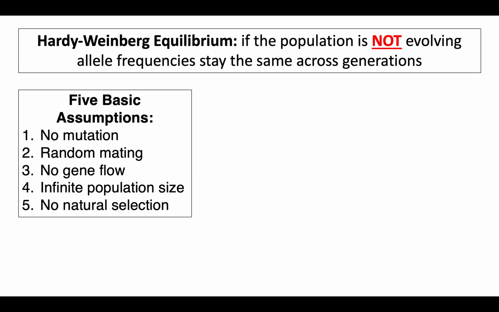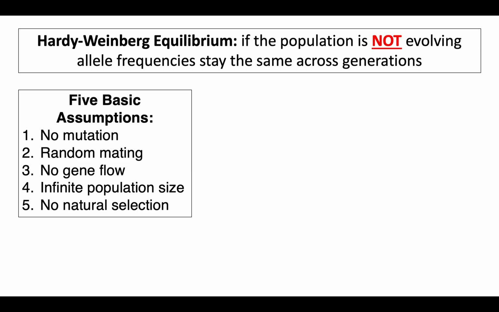Hardy-Weinberg Equilibrium describes if the population is not evolving, then allele frequencies must stay the same across generations. And there's 5 basic assumptions for that. No mutation. There must be random mating, completely random. There must be no gene flow, so nobody entering or leaving the population.